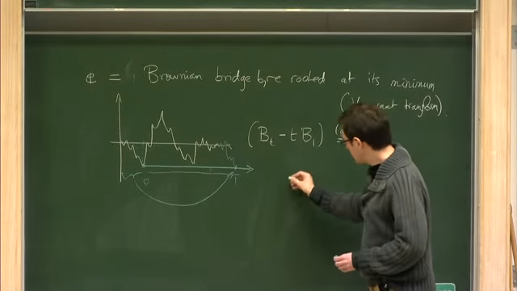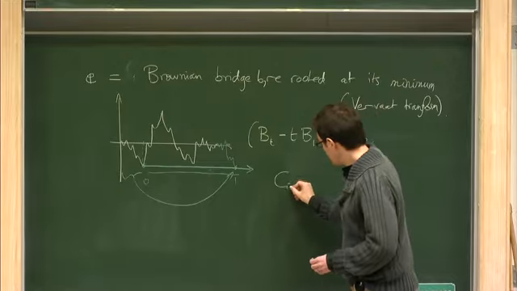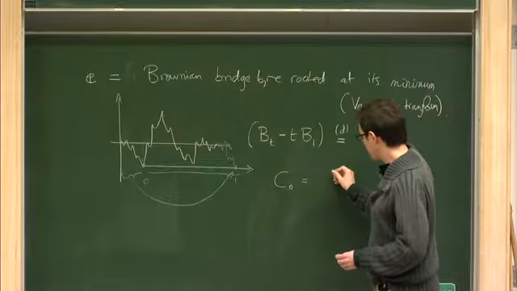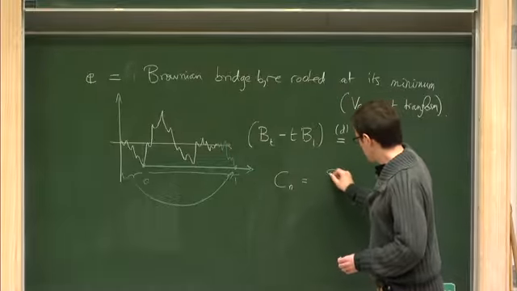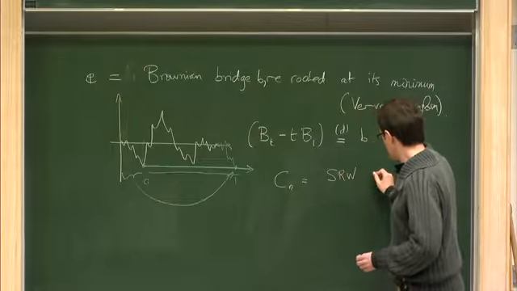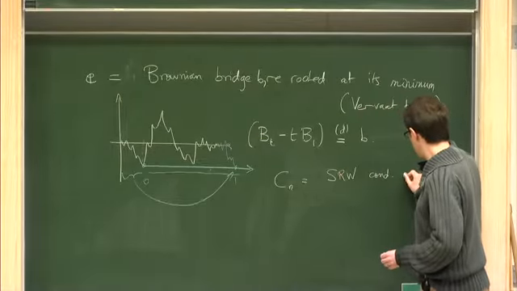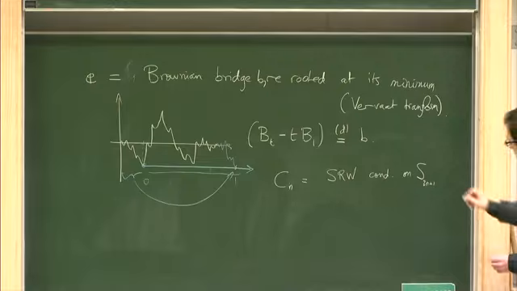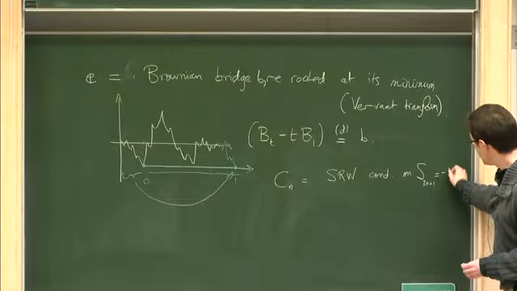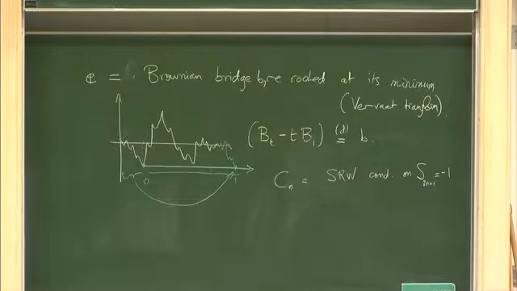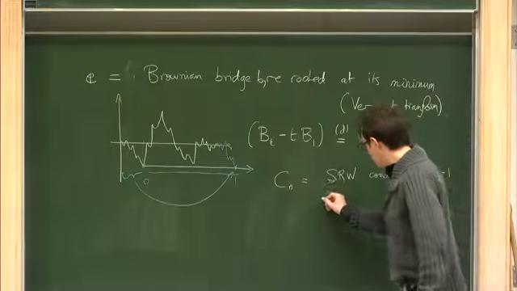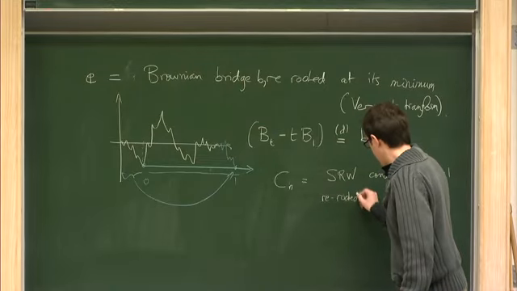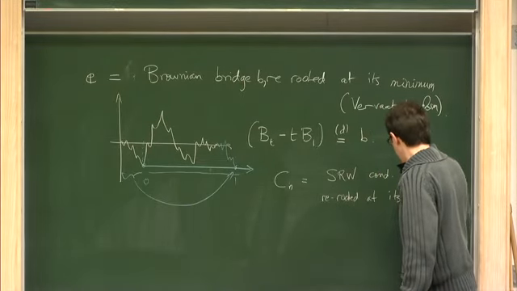The idea is that Cn is also simple random walk conditioned on being equal to -1 at time 2n plus 1 and rerouted at its minimum.